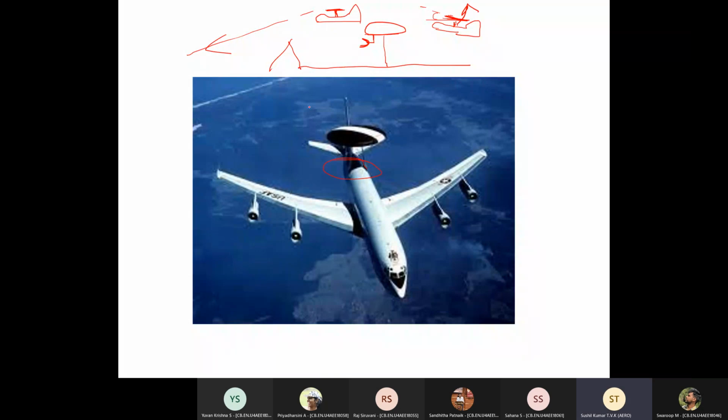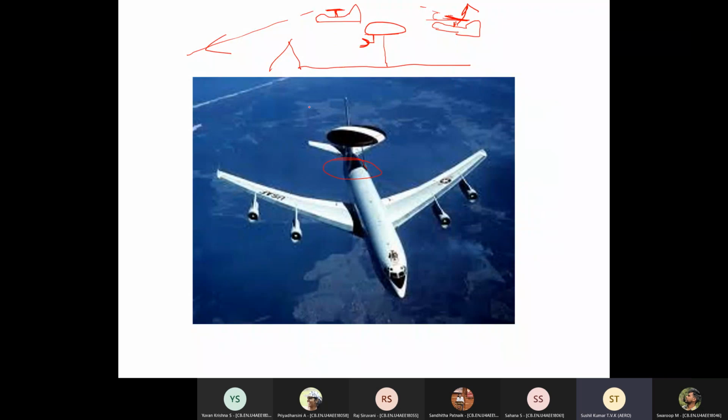As the name says, aerostat is something which is stationary, right? It doesn't have a power plant, whereas airships have power plants. And just for your information, all transoceanic flights up to the 30s were done by airships. They are massive things, in fact engineering marvels.